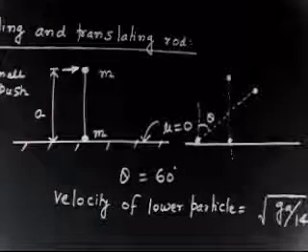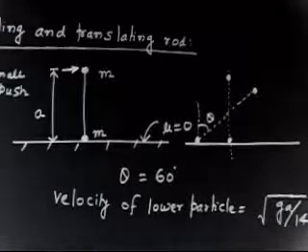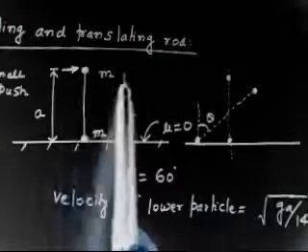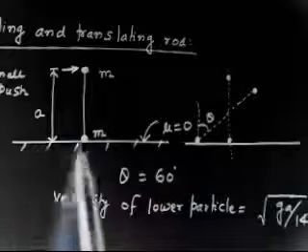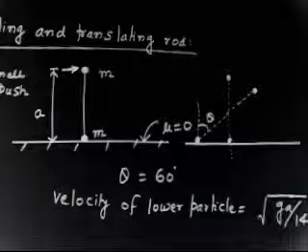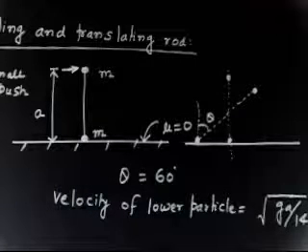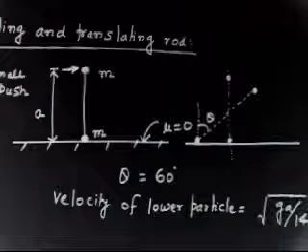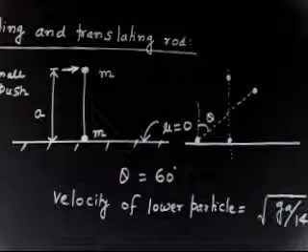Now let us try to see what is happening in this case. Once you give a small push, this will start to fall this side, but this will slip this side. So now I can see this system can be composed of two kinds of motion, translation plus rotation.